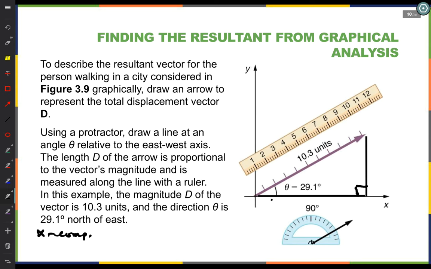If I want to find this x component, I'm going to need to take that vector that has a magnitude of 10.3 and find out how much of it is in the x direction. So I'm looking for the length of this piece right here, and I know the hypotenuse. The total magnitude there is the hypotenuse.